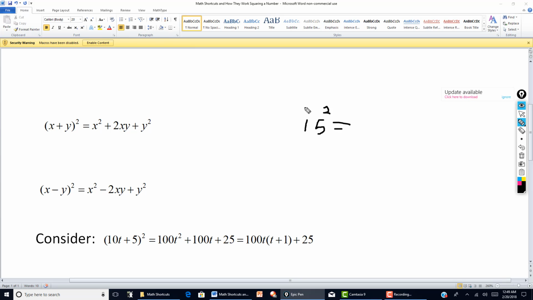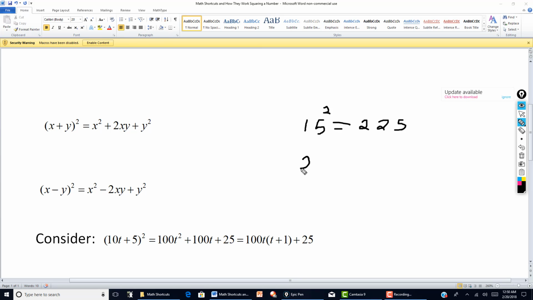So 1 added to 1 is 2, and then you multiply those two values together. 2 times 1 is 2. And then you add 25. In other words, any number that ends in 5, if you square it, is going to end in 25. So 15 squared is 225.